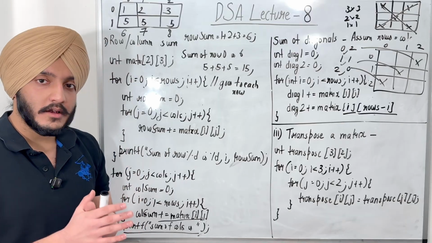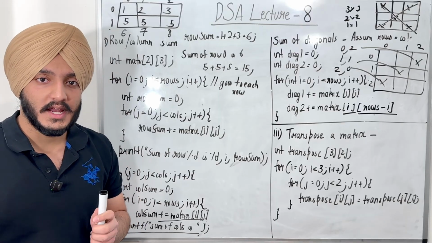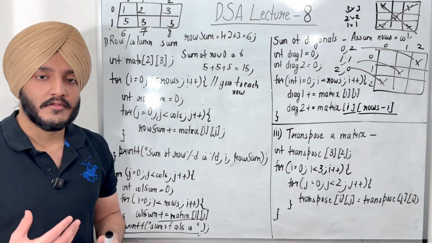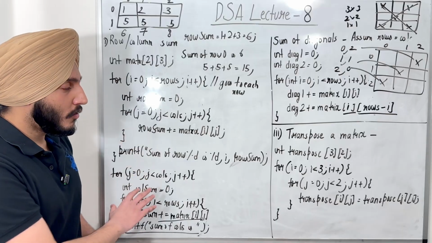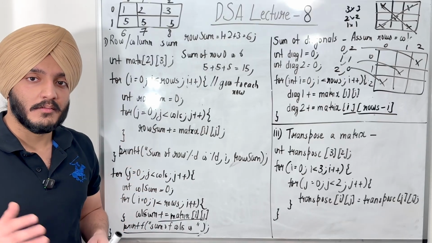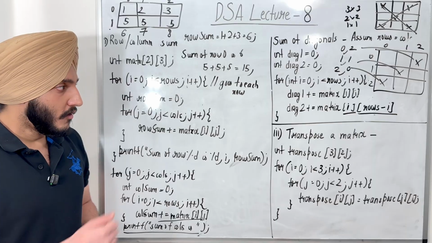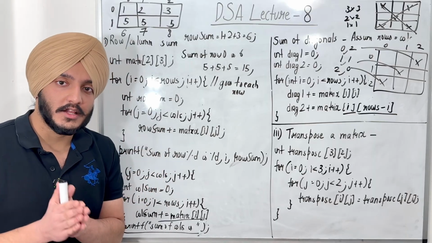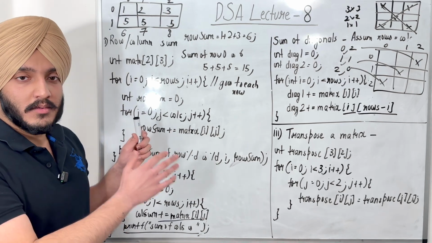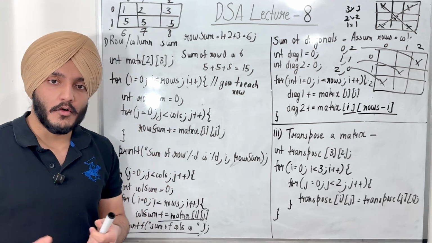Once you do that, you can pretty much implement any code in any language. It's just that there are differences in the syntaxes of different languages. So once you understand this code, I'm pretty sure it will be very easy to implement it in Python as well. For now, since these problems are very small, I'm going to be implementing the code in C, but as the problems get way more complicated, we will move on to the Python language.